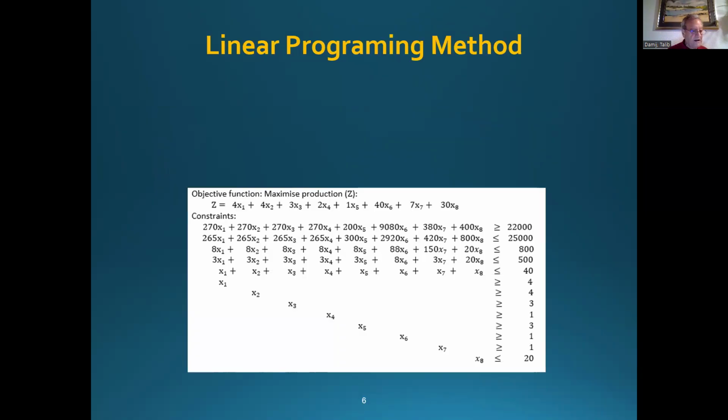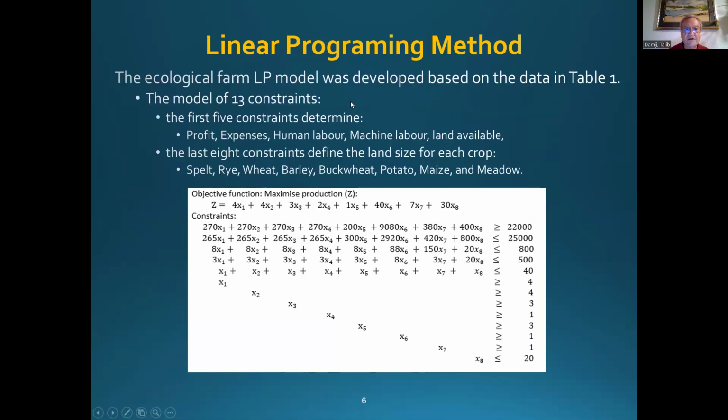Based on the data given in table 1, we developed this linear programming model. The model consists of 13 constraints in addition, of course, to the objective function. The first 5 constraints are profit, capital or expenses, human labor, machine labor, and land size.